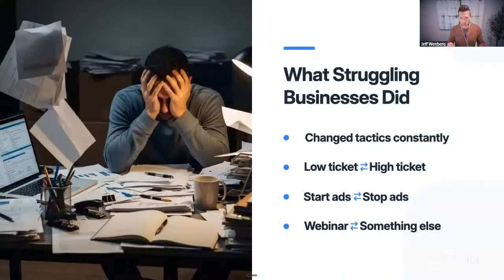The businesses that were struggling, what I saw was they were constantly changing tactics, constantly chasing new strategies, constantly switching things up, hoping that that would be the thing that unlocked their business. As an example, they would go from a low ticket to a high ticket offer, or if they were high ticket, they'd go to a low ticket offer, or if they hadn't run ads before they started running ads, or if they were running ads, they stopped running ads, or maybe they were posting 8 times a day.